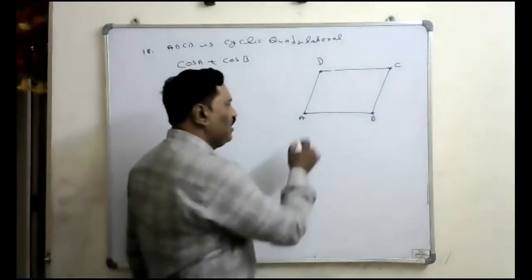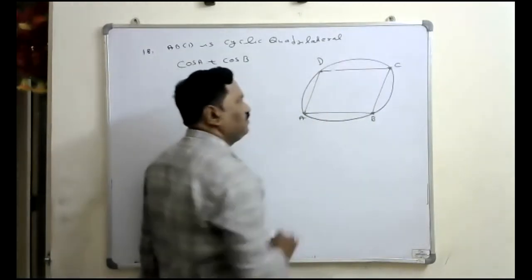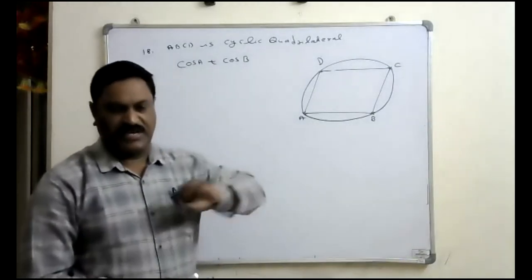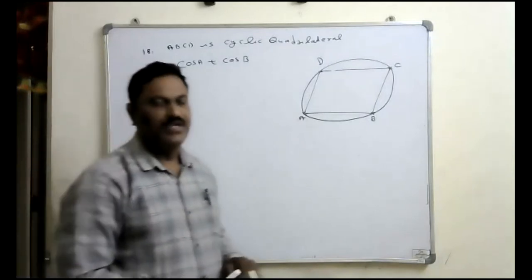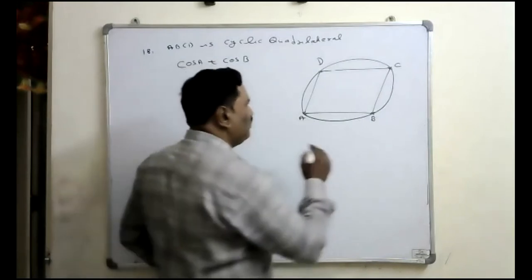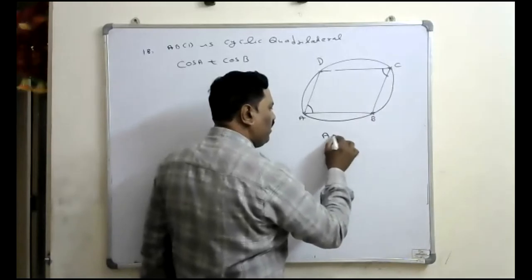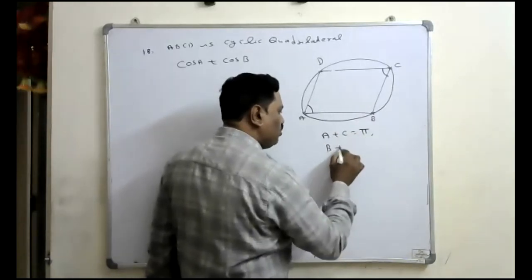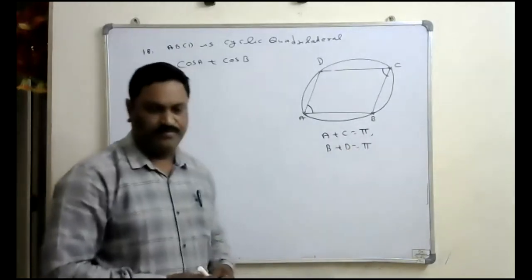All these four points lie on the same circle. If it is a cyclic quadrilateral, then we know that the sum of the opposite angles is equal to 180. Means A plus C is equal to pi and B plus D is equal to pi. This is the meaning of a cyclic quadrilateral. Understand?